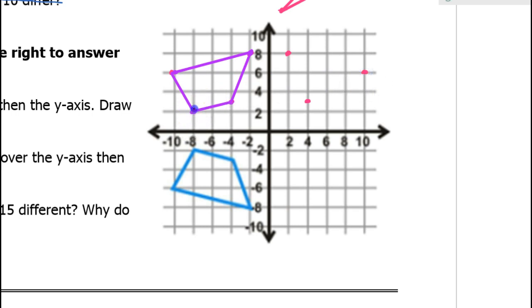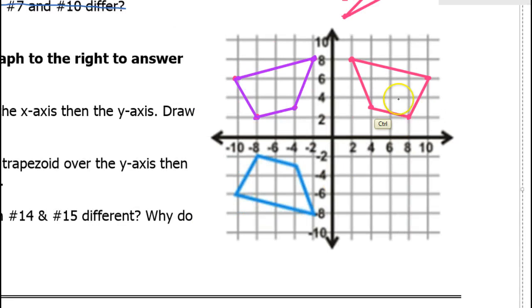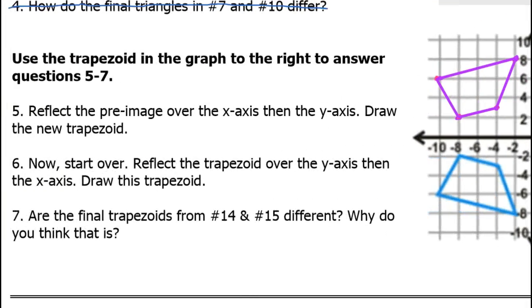And this point is 4 squares to the left, so I will go 4 squares to the right. All right, so this red trapezoid represents the final answer after both reflections. Okay, so we've done number 5.